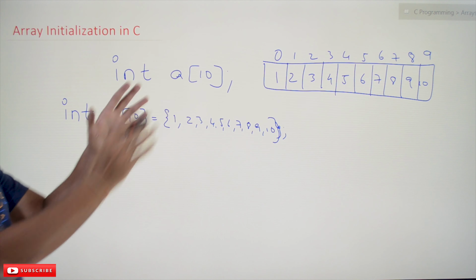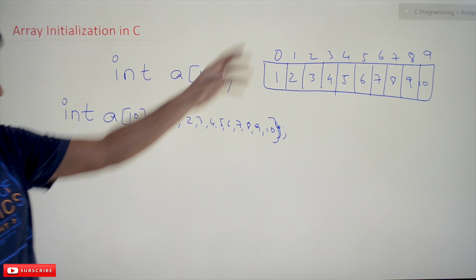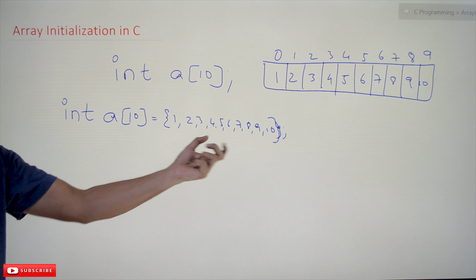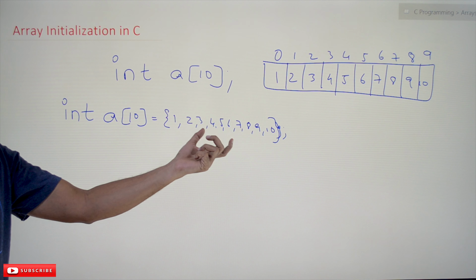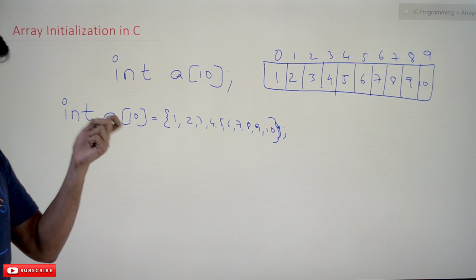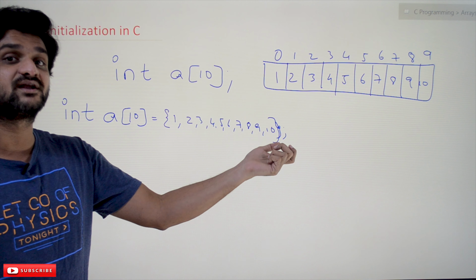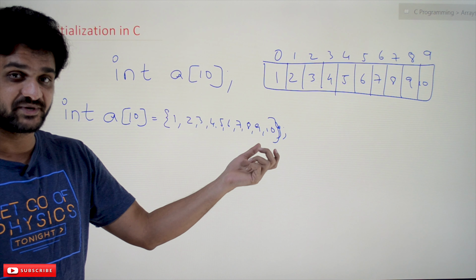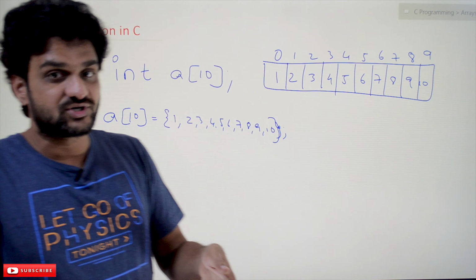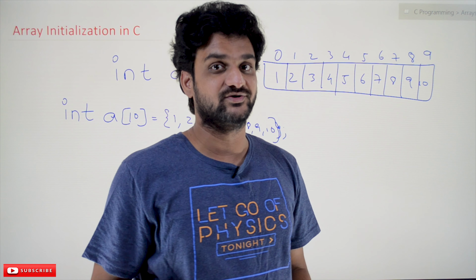So this is how the array will get created whenever we initialize the array with these values. The important point to understand is that in the initialization we have to use open and closed curly braces. Within those curly braces we have to provide the values.